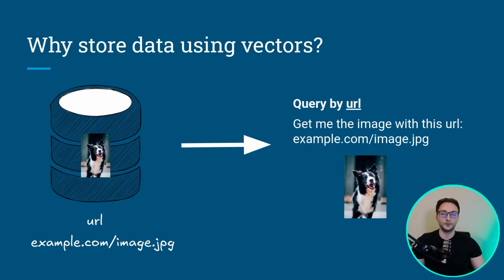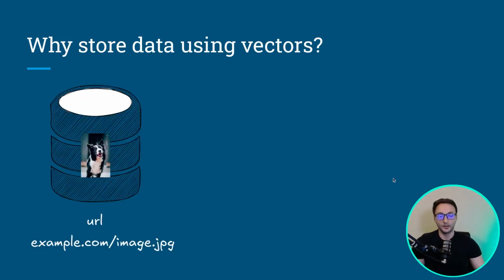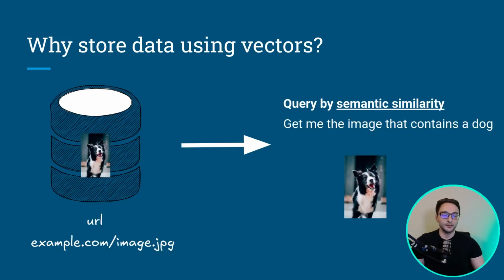Now, what if you want to build a more useful application, or an application that involves AI? You will query not by the URL, but by semantic similarity. What I mean by that is that you can say, hey, get me the image that contains a dog. And the database will then give you an image that contains a dog. And this is possible because of the vector representation.